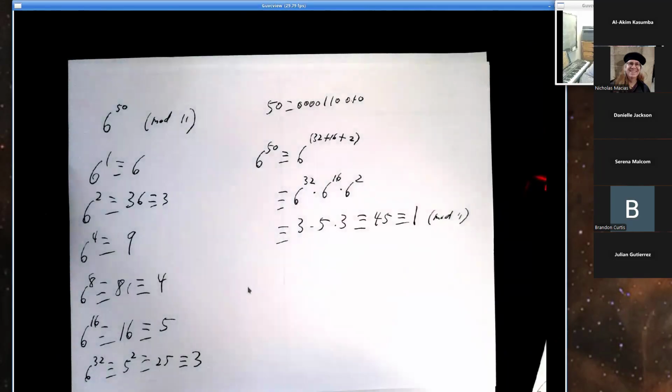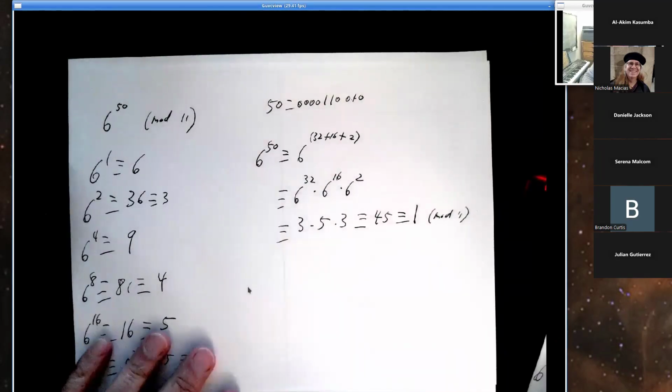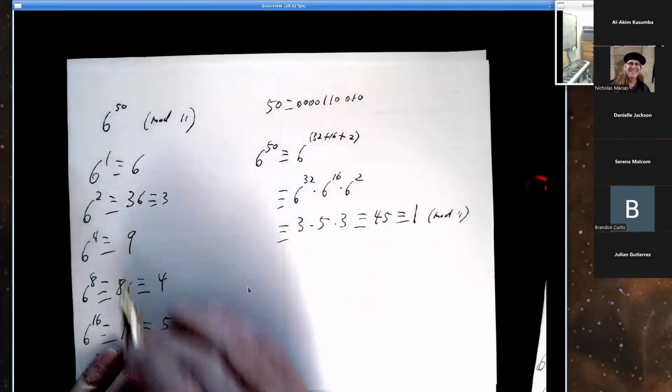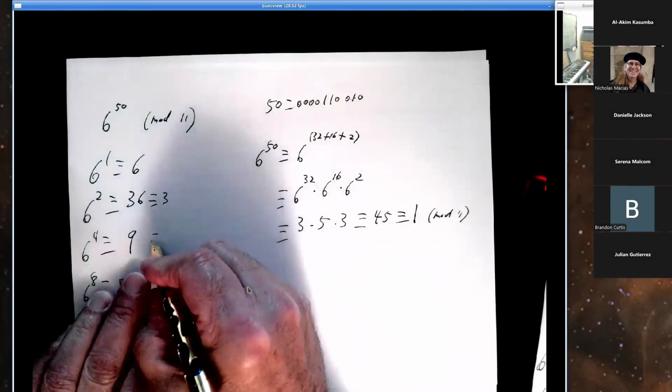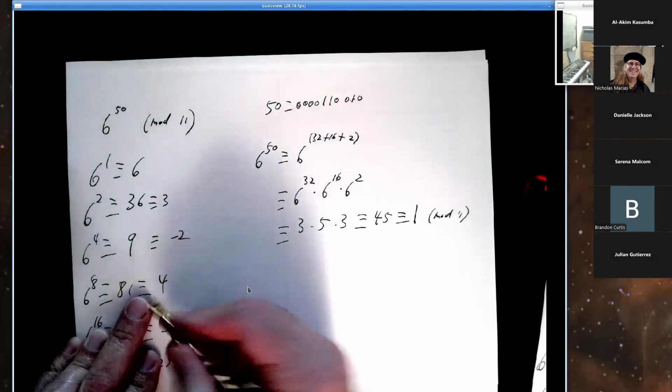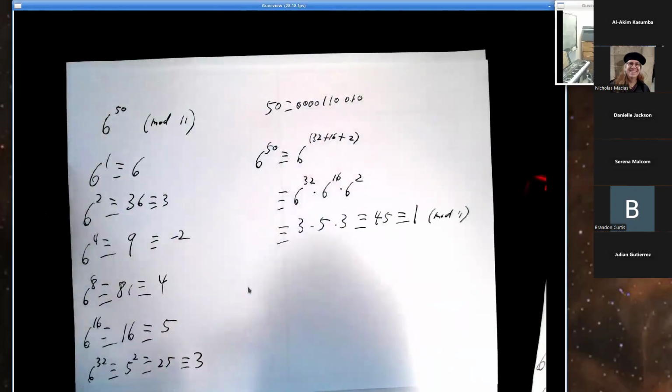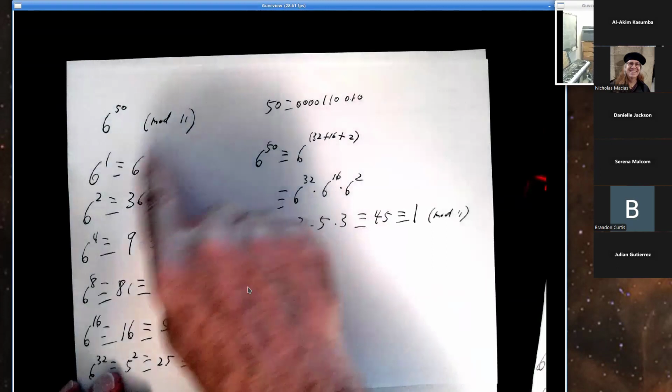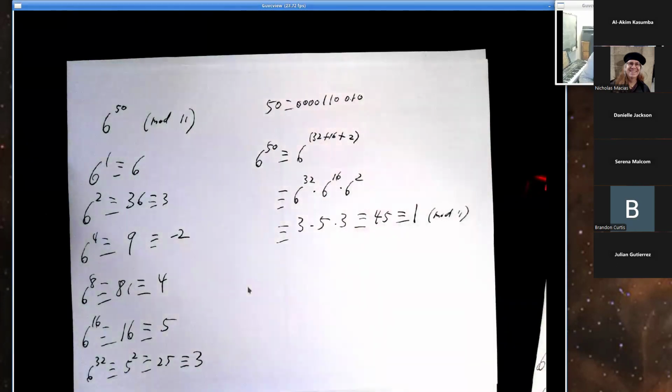You can also make your life even easier if you don't mind negatives, because, for example, 9 is actually congruent to -2, and then -2 squared gets me to 4. So if I'm working mod 11, I never really have to work with numbers bigger than 5, right?